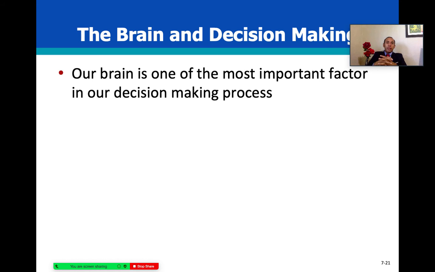So our brain is a very important muscle, and it's one of the most important factors of any individual decision maker and any decision that is made by any individual.